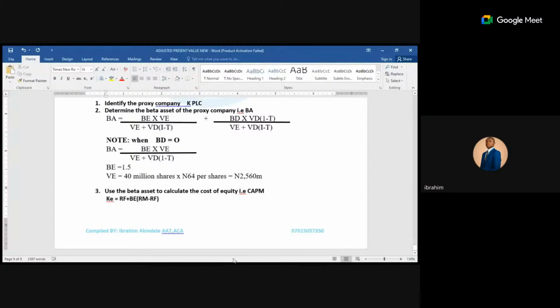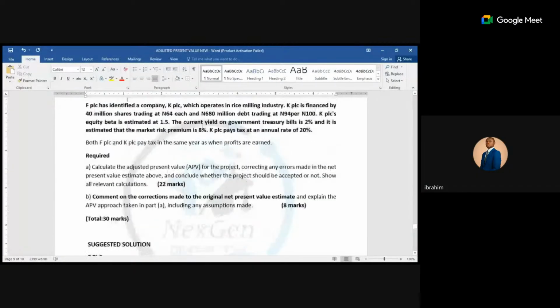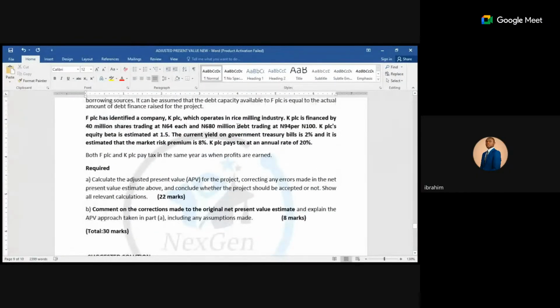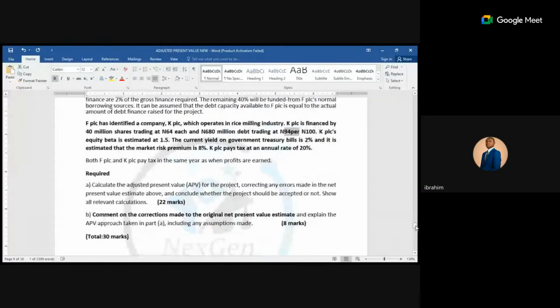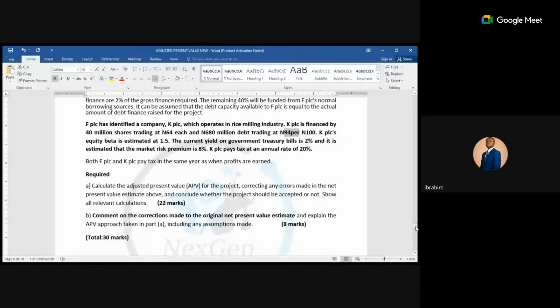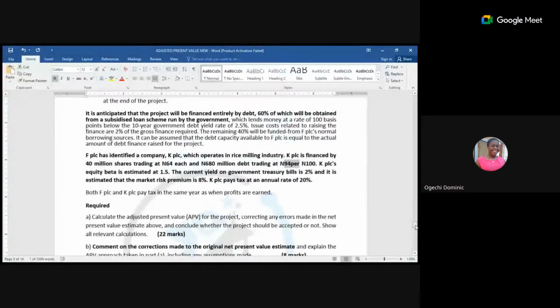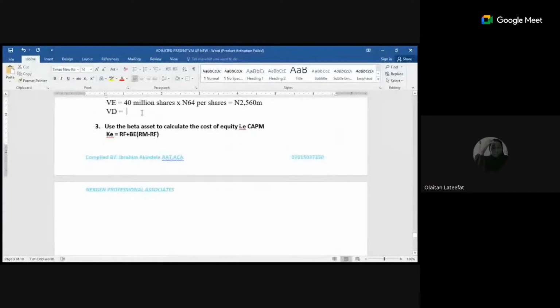So the next one, what do we have? The value of debt. You can see we're given the value 680 million and the market price. So how do we determine the market value of debt, class? 680 million divided by 100, multiplied by 94 naira.